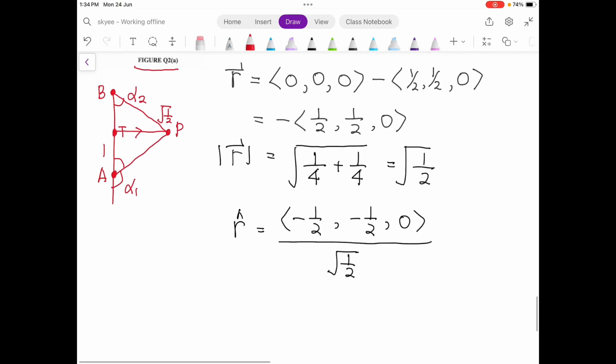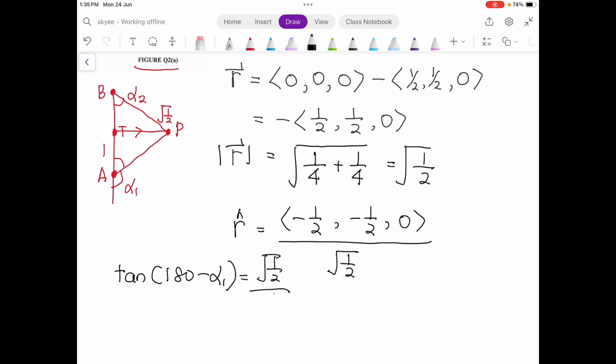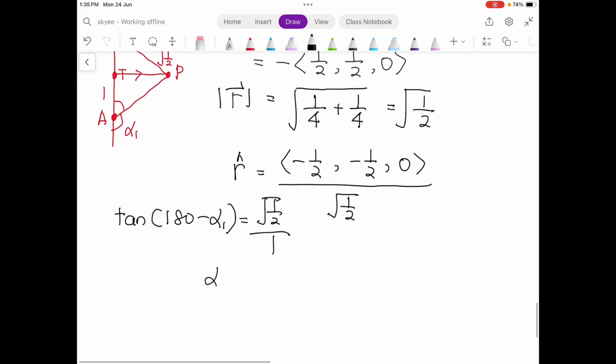So you can find alpha 2 by tangent of 180 degrees minus alpha 1 equals opposite over adjacent. So you can find the value of alpha 1, tangent of square root 1/2. So 180 minus this, you get 144.74.